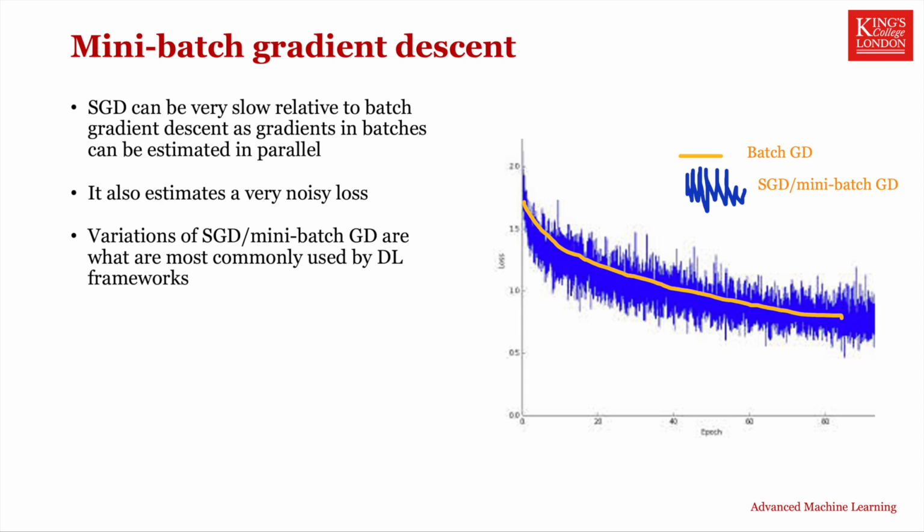So you can see a cartoon example of what you would expect if you plotted the loss across epochs for these approaches here. For these reasons, it's more common to implement variants of SGD, where in the terminology of PyTorch, SGD means both single example or mini batch gradient descent. And we're going to go through and review the most common ones now.